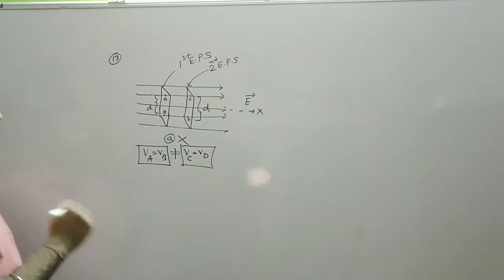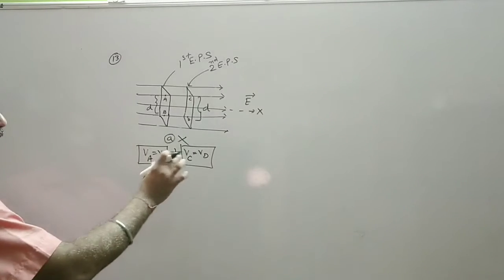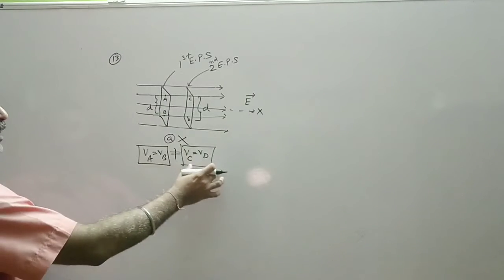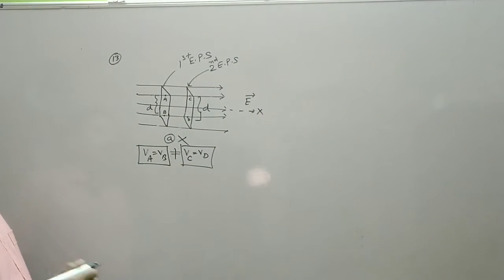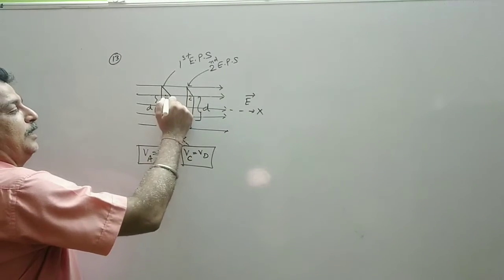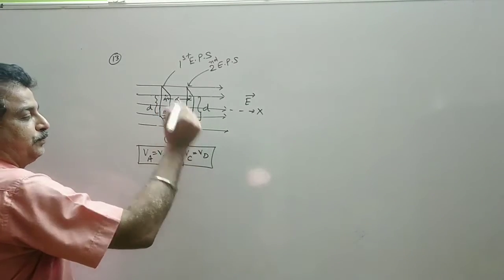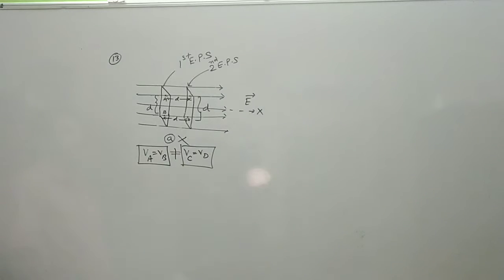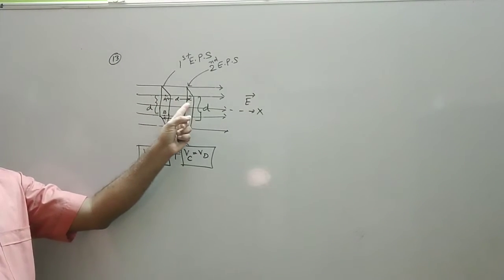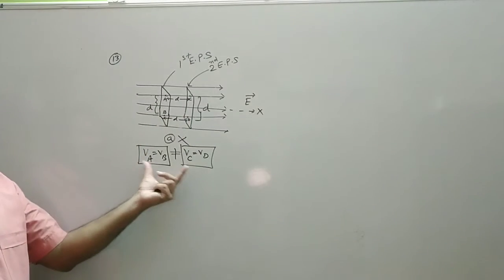But when I compare the pairs, this 0 is not the same as that of C and D. Or you can also take these two pairs, say A and C, again separated by D, and B and D also separated by D. The potential difference between A and C and between B and D would be same, but not in this case.